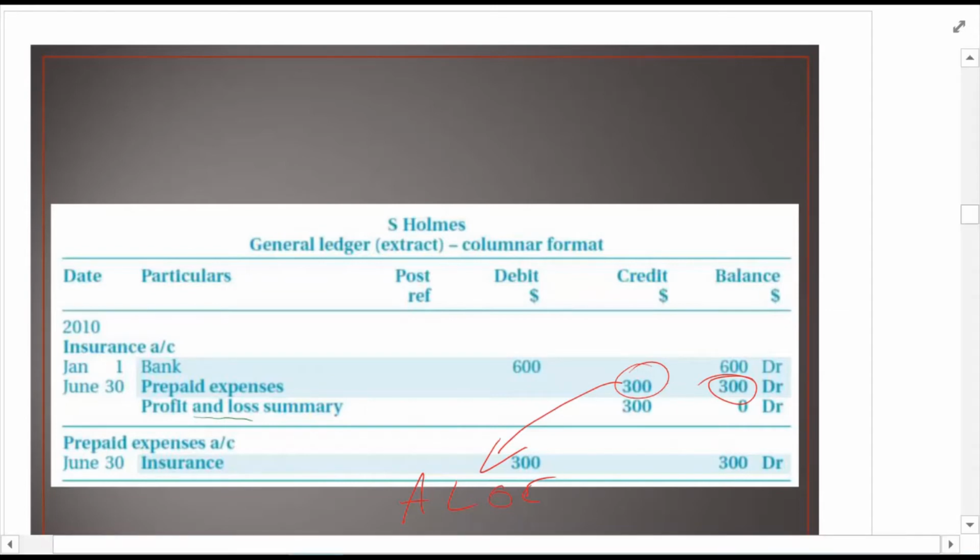Then you can see the remaining 300 is transferred to the profit and loss summary. This is why we rescue that other bit of money before it closes. Then it'll be 0 in there for the next financial year, all reset and fresh to go.